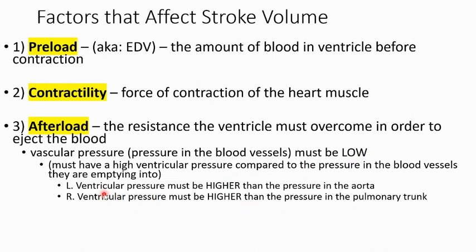So the left ventricular pressure must be higher than the pressure in the aorta if that blood is going to go. Remember, it goes from high to low. If that blood is going to go from the high pressure ventricle into the low pressure aorta. If your arterial pressure is high, how much blood do you think is going to be able to get from the ventricle into the aorta if your aortic pressure is high when it's at rest? Not much. It's going to be less, and the heart's going to struggle. So again, things move from high to low pressure. If pressures are equal, it's not going to want to go.